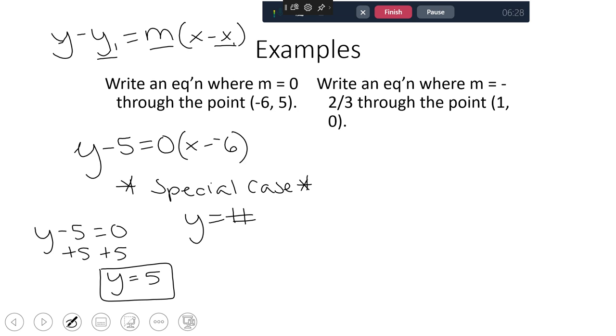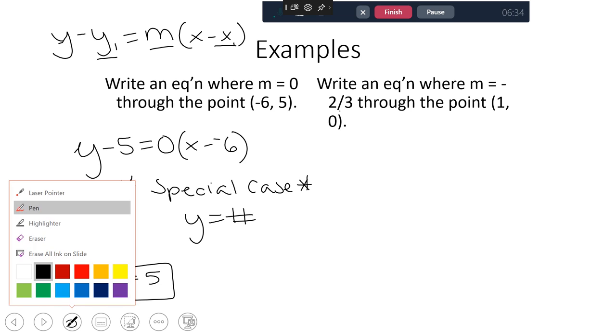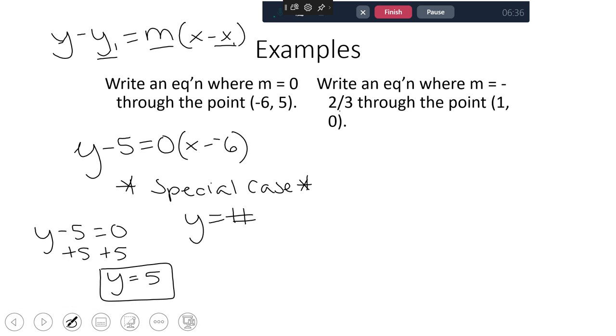This here, let's look at it. So I have a point. So let's write in point slope form. Okay. We're doing y minus my y value is 0 equals m, negative 2 over 3, times x minus my x value, which is 1.